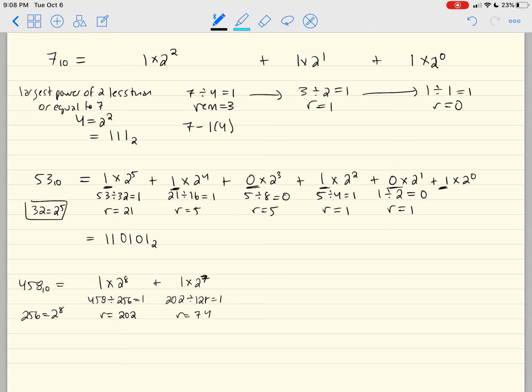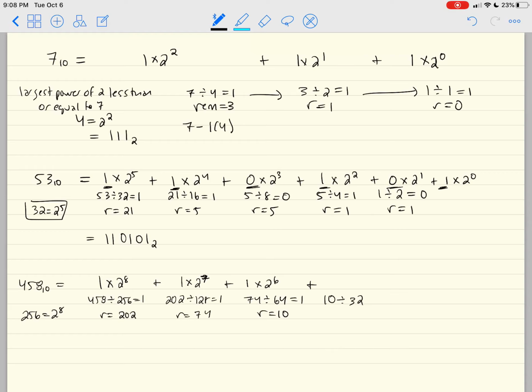So that gives me a binary digit. The remainder gets pushed on. 74 divided by 64, quotient of 1, remainder of 10. Okay, 10 gets pushed on.